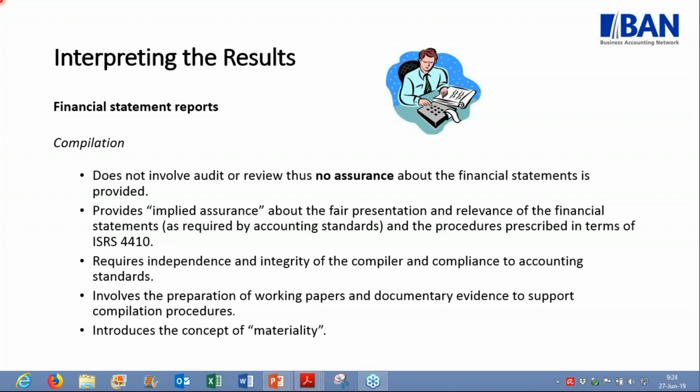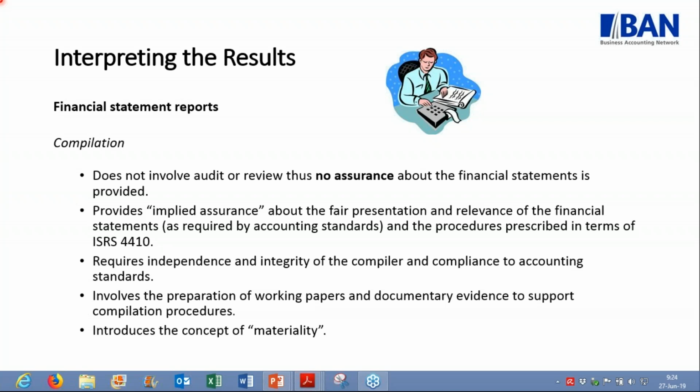It involves additional work to that as well. Preparation of working papers, documenting evidence that you gathered as part of your procedures, and compiling these financial statements to make sure that when you sign off as the compiler, you are representing a fair view of those financial statements based on the information that you received.